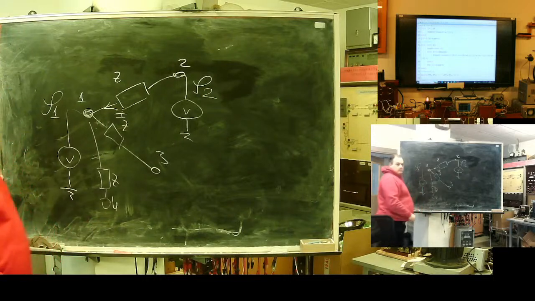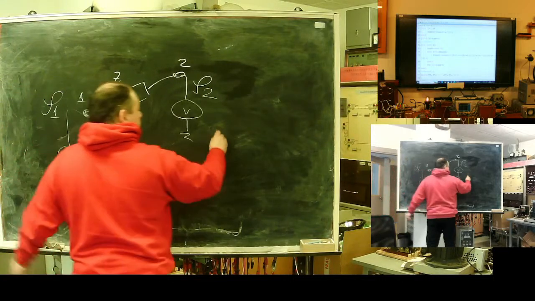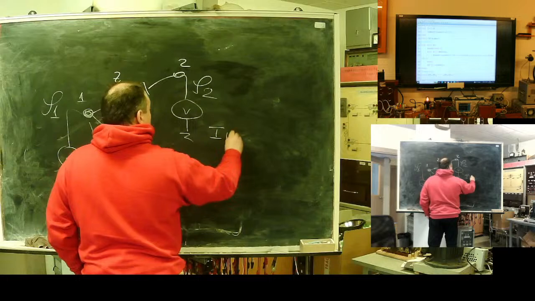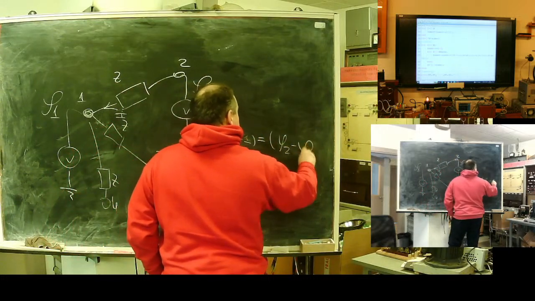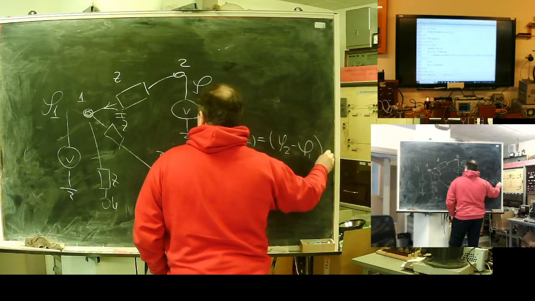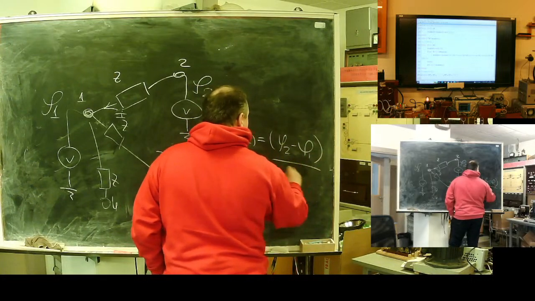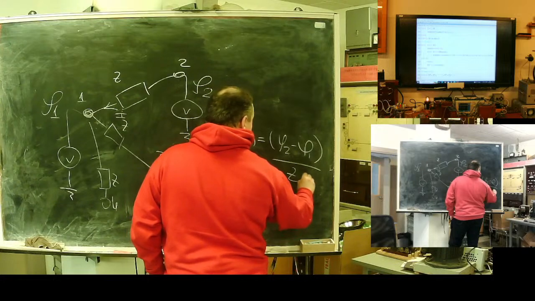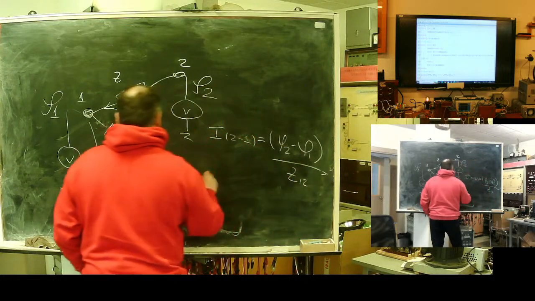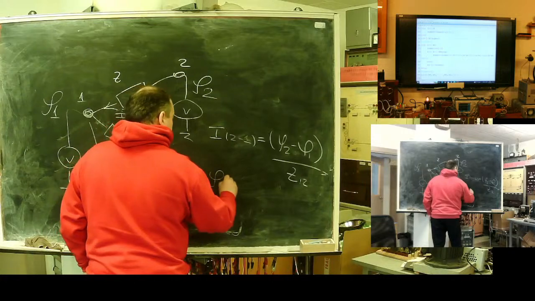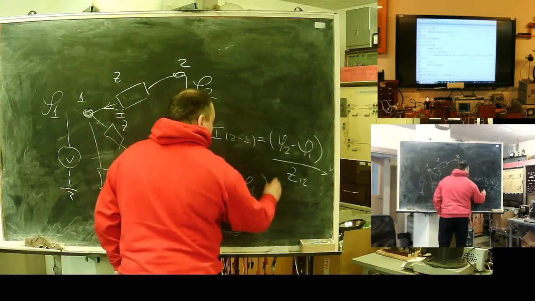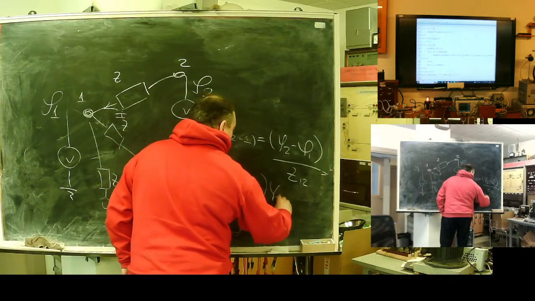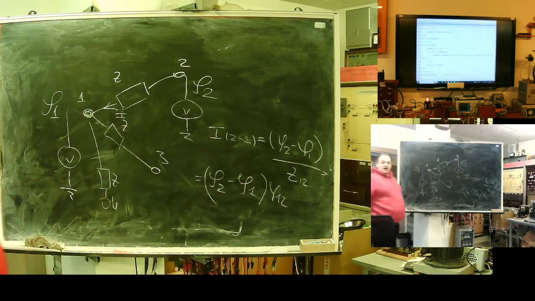Current from 2 to 1 will be P2 minus P1 divided by Z12, or P2 minus P1 multiplied by conductance Y12. Is it correct? It's Ohm's law, yeah?